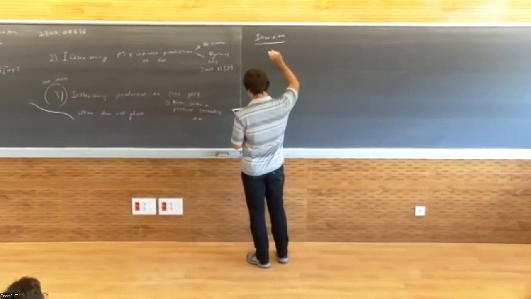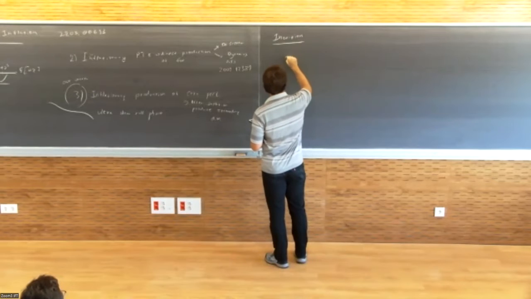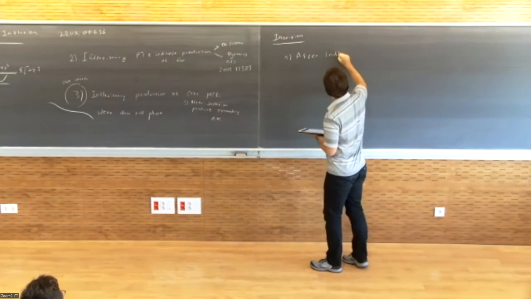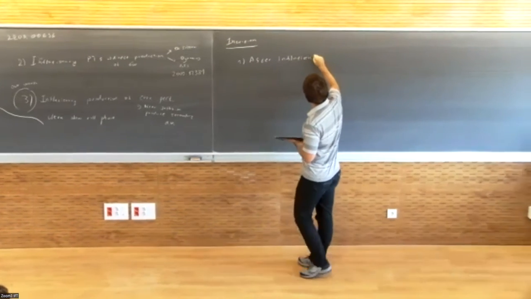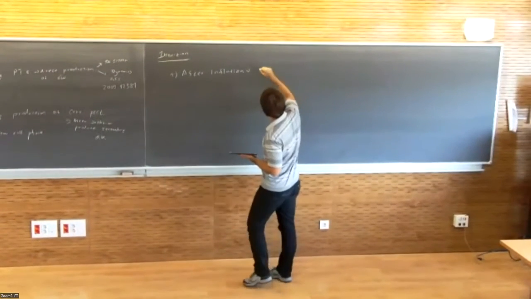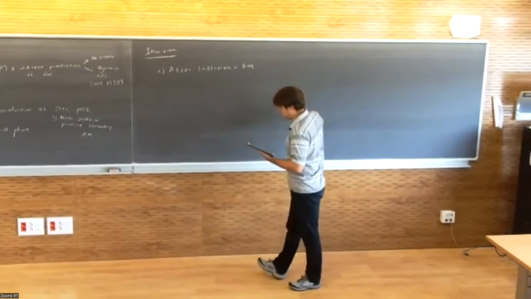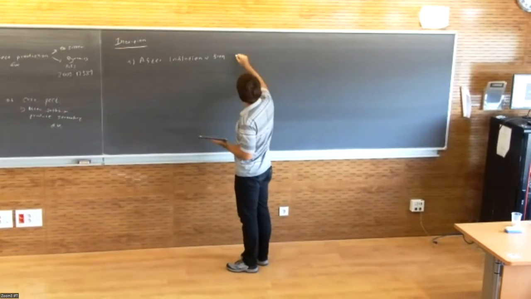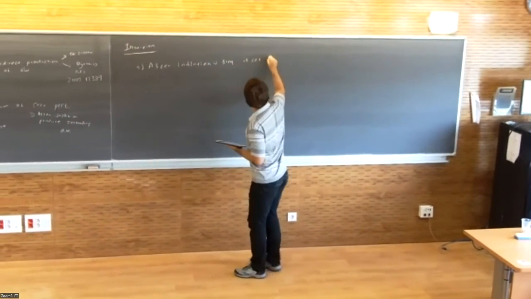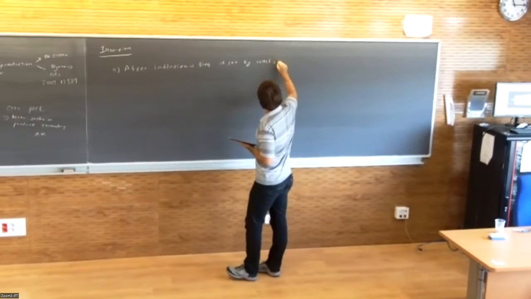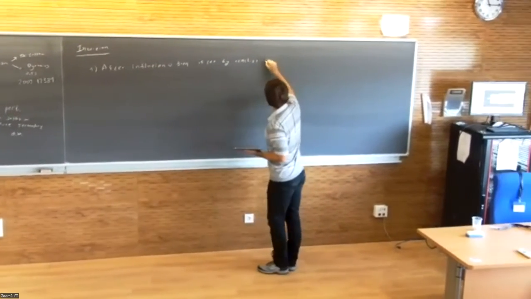So after inflation, the frequency or the size of the mode is set by the redshift at horizon reentry.